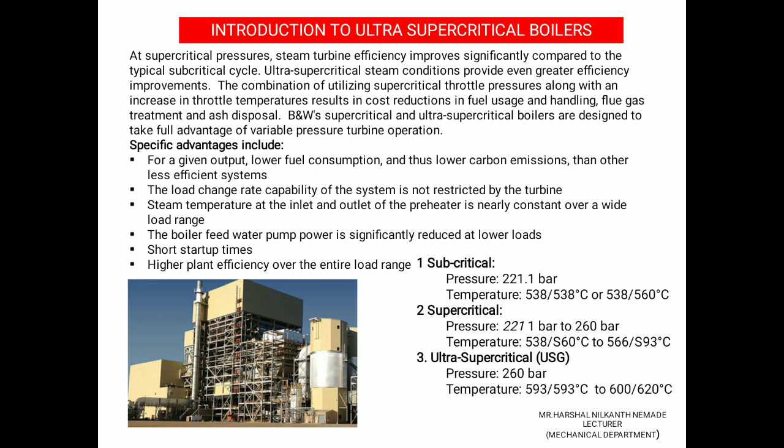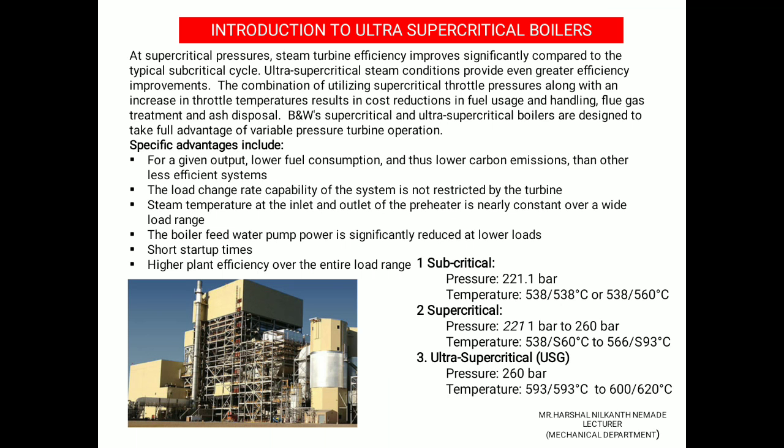Introduction to ultra supercritical boiler. Supercritical boiler means it operates above the critical point. At supercritical pressure, the steam turbine efficiency improves significantly compared to the typical subcritical cycle. Ultra supercritical steam conditions provide even greater efficiency improvements.